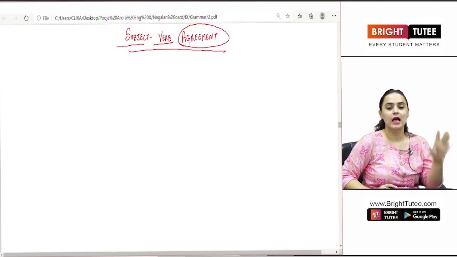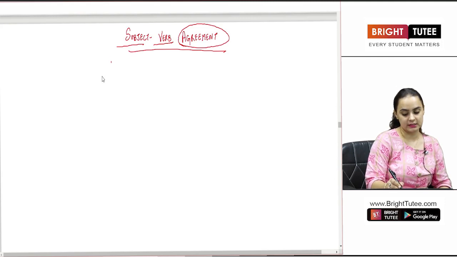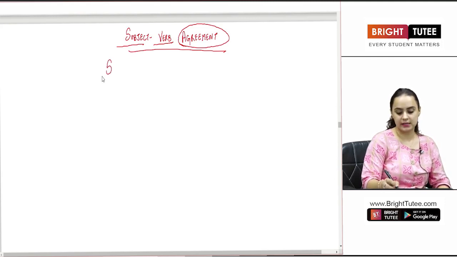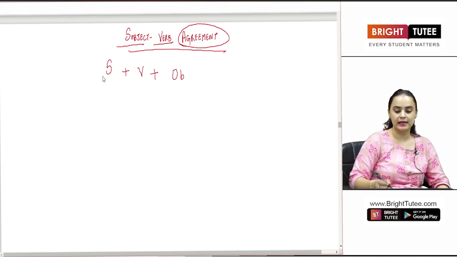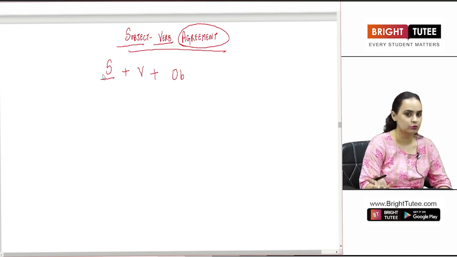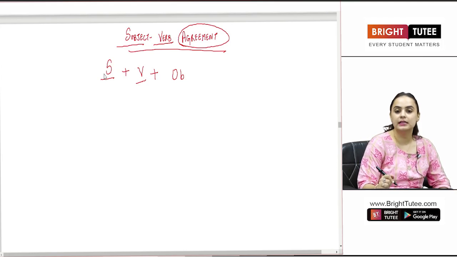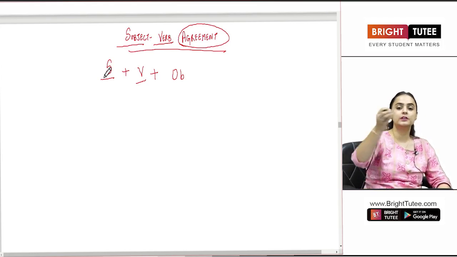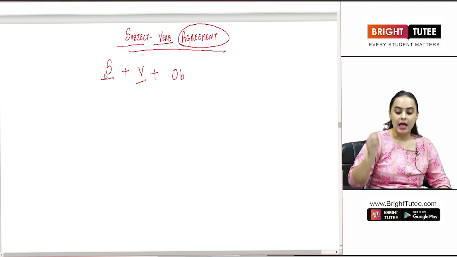We all know that whenever we talk about the structure of a sentence, what is the structure of a sentence? Subject plus verb plus the object. So every sentence will have a subject. Without a subject, the sentence cannot be framed. Similarly, it will have a verb. So subject will always be followed by a verb.